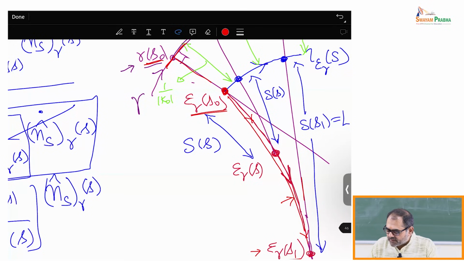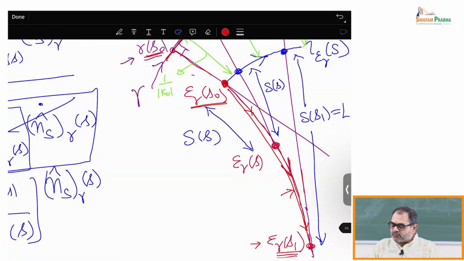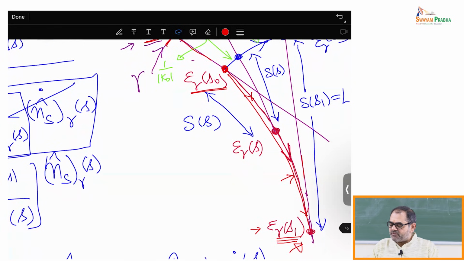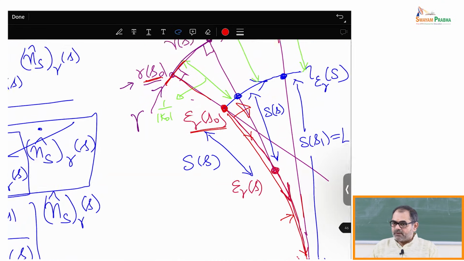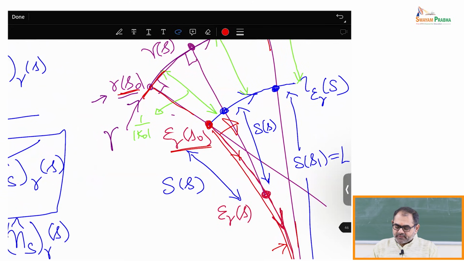So what I'm going to do is take this portion of the red curve, keep this end point fixed, and gently move this point like this. If I do that, I trace this blue curve, which is the involute. So this blue curve is the involute of E gamma, where E gamma is the evolute of gamma.